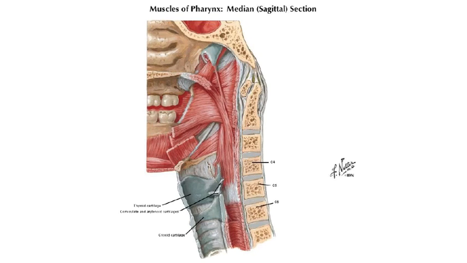This shows the median sagittal section of the muscles of the pharynx. As you can see here, the cricoid cartilage corresponds to the level of C6. It's a complete ring, and so by applying pressure on the cricoid cartilage, you can occlude the esophagus to minimize the risk of aspiration.